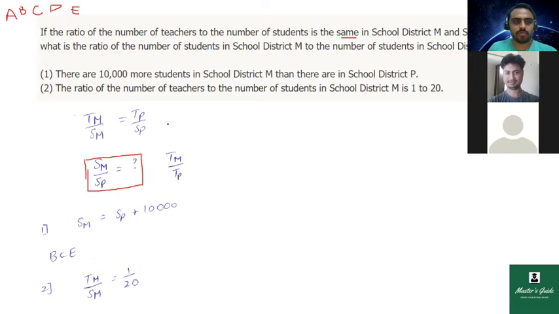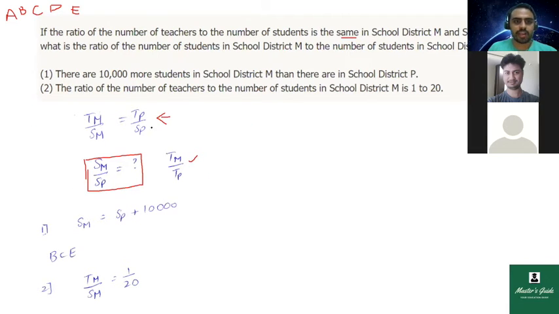So from what is given to me, I understand that if I can determine the ratio of teachers in district M to teachers in district P, I can say that statement is sufficient. So this is what I'm looking at from the given statements.